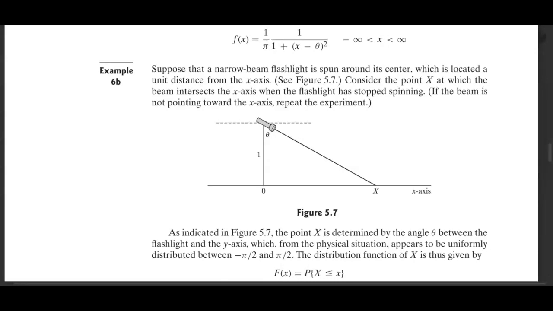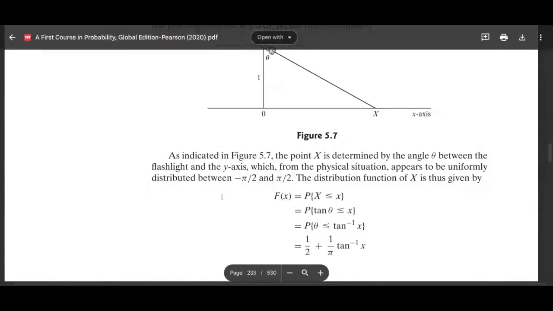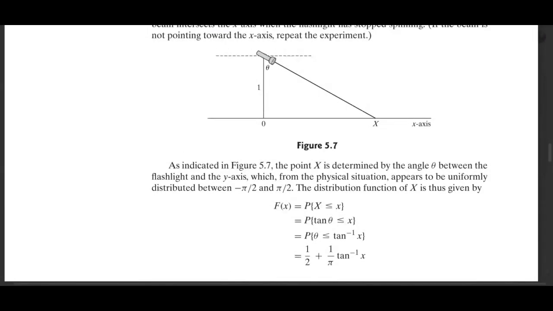If the beam is not pointing towards the x-axis, repeat the experiment. As indicated, the point x is determined by the angle theta between the flashlight and the y-axis, which from the physical situation appears to be uniformly distributed between negative pi over 2 and pi over 2.